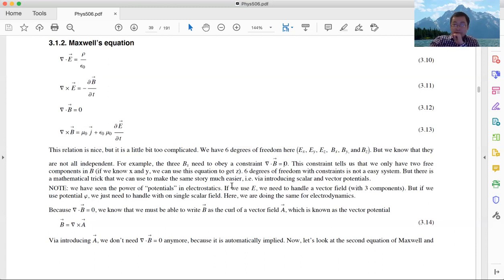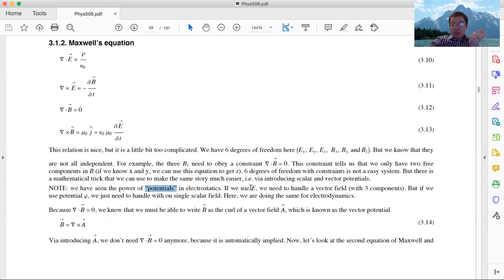It turns out mathematically there's a trick to make the same problem a lot easier to handle. That is to utilize the so-called potentials, the scalar potential and the vector potential. We've already seen that power in, say, electrostatics.